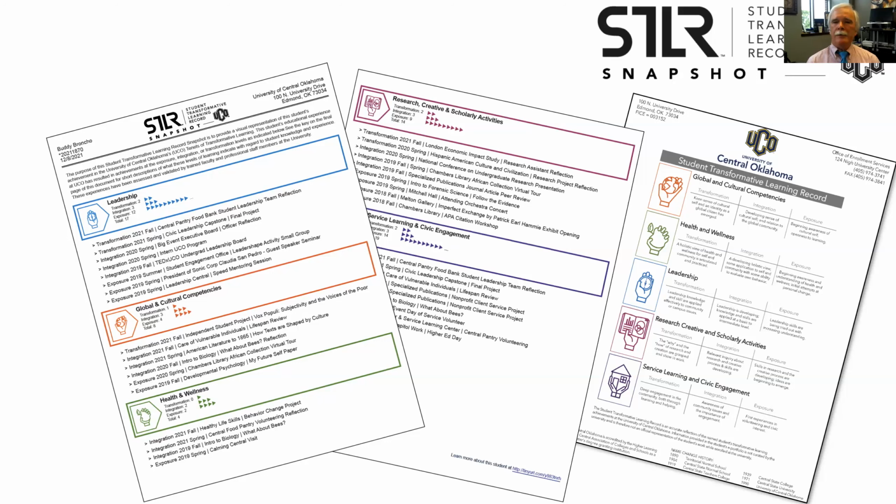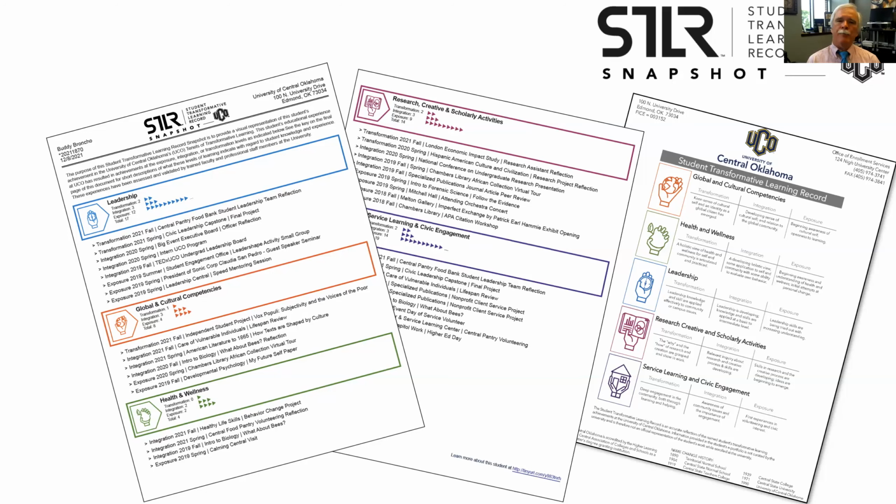And this is the place where we are able to have the students, and this is very important, choose to show which stellar experiences they want to show on their stellar snapshot.